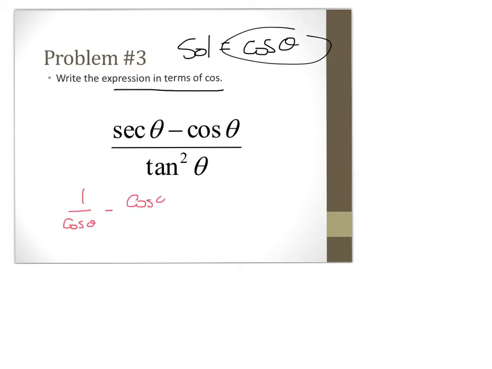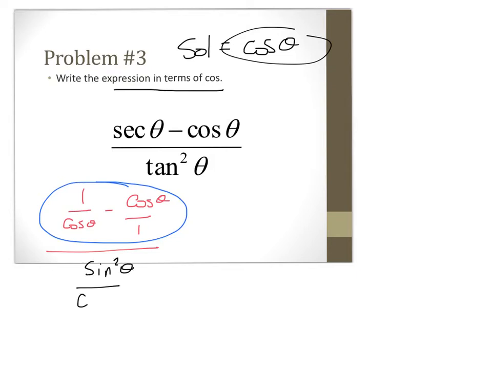And this would be cosine of theta over 1 all over tangent squared theta. So now I'm just going to focus on the numerator. And I'm going to change tangent to sine squared theta over cosine squared theta.